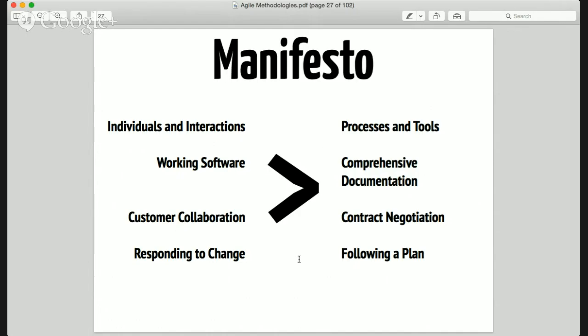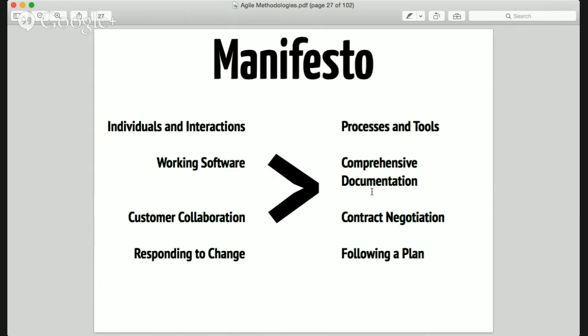We bind it into a contract so that we can be tough on both sides. The customer can say, well, you told me you're going to build this, you didn't build this, I'm not paying you. And on the software development side, I said, well, I built it exactly according to this specification, you have to pay me. So that's why this contract negotiation and comprehensive documentation is crucial, these 2 things.